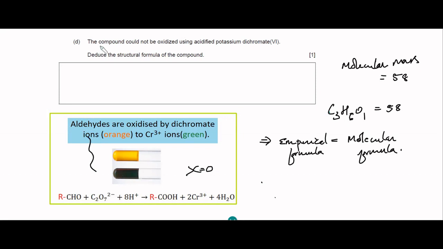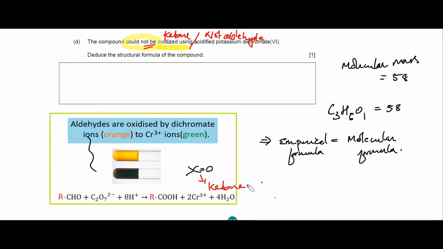Going back to the question, the compound could not be oxidized, which clearly indicates the compound is a ketone. It's not an aldehyde, it is a ketone.